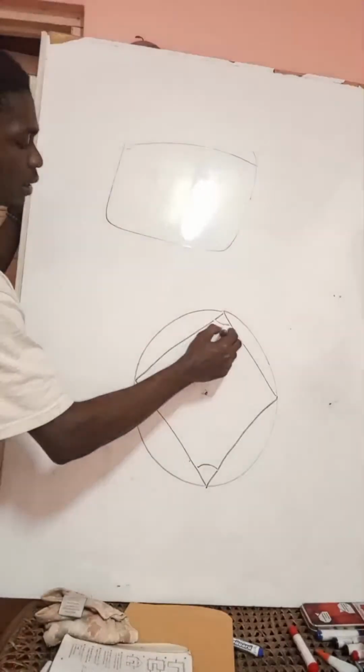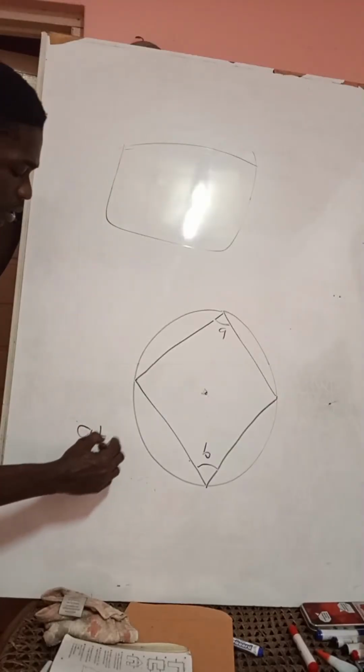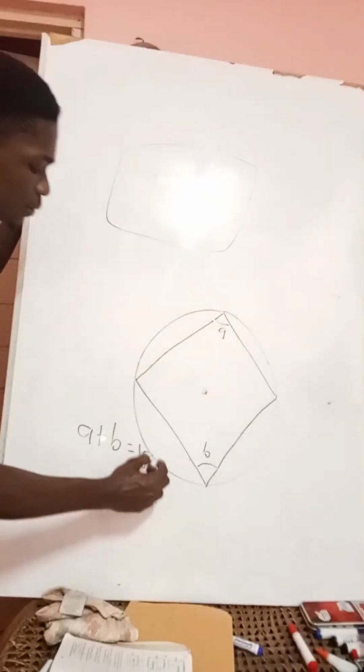If here is A and here is B, A plus B will give us 180.